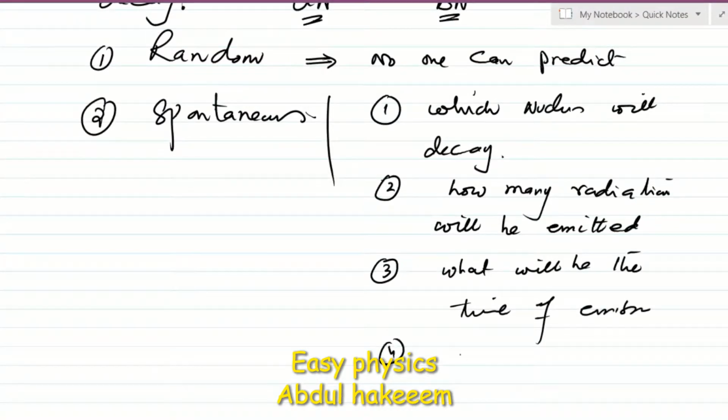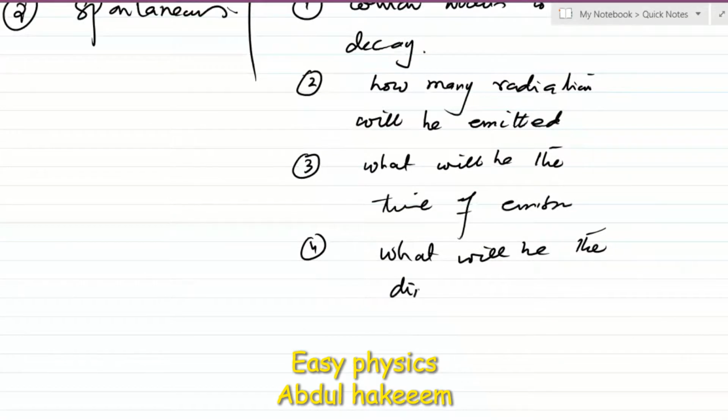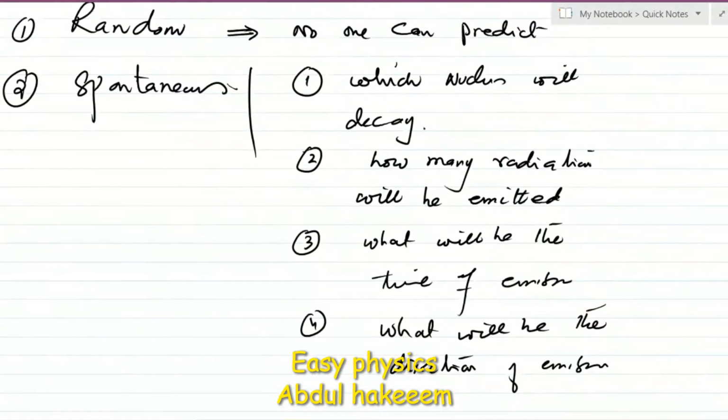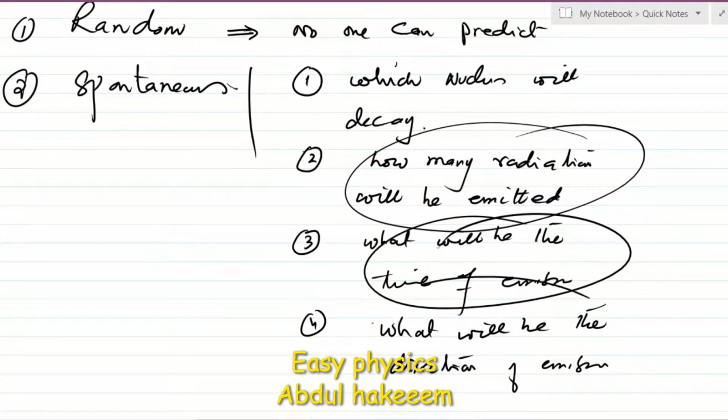And number four, what will be the direction of emission? Direction of motion of the emitted radiation. So this is random in terms of the number, in terms of the time, and in terms of the direction.